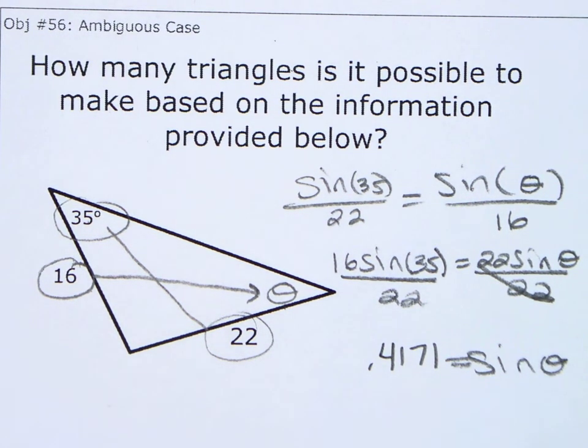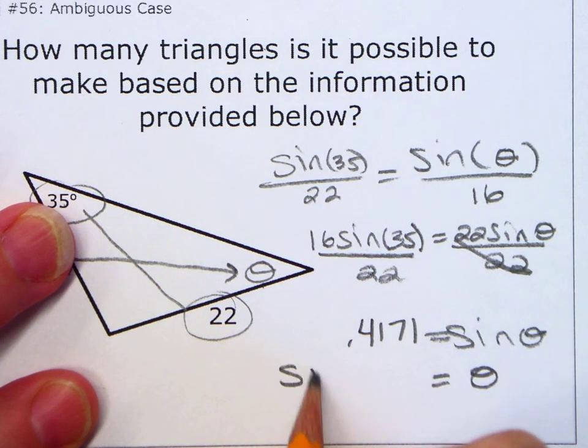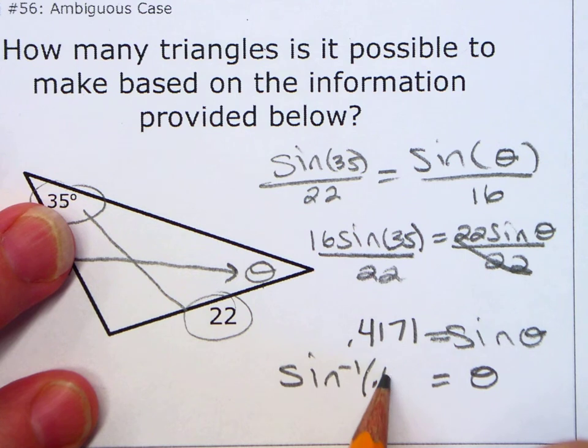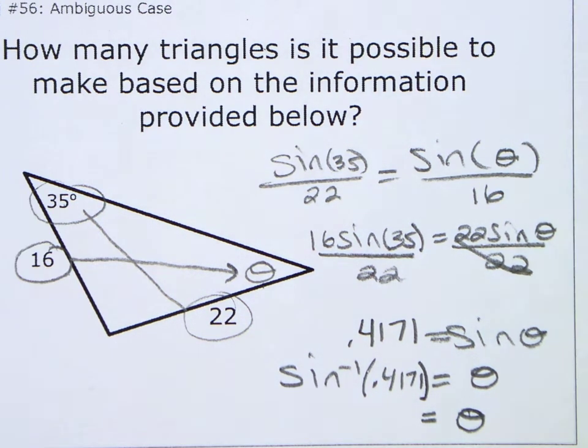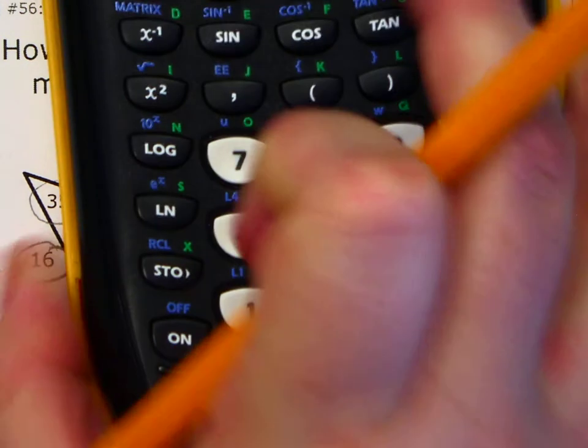How do you solve for theta? We do the inverse sine, sine minus 1, of 0.4171. Again, break out that calculator. Second sine. Now, if you want to get really specific, instead of putting in the decimals, you can hit second and then negative, C-A-N-S.